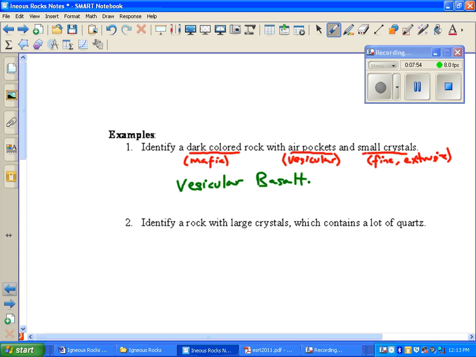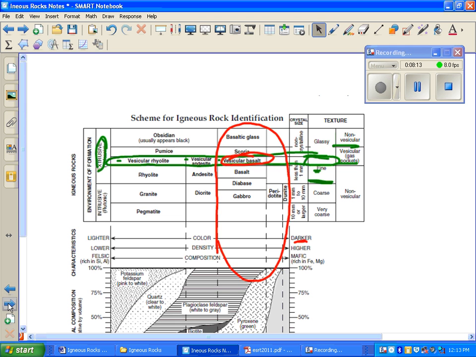Right. Our second one says identify a rock with large crystals and contains a lot of quartz. Those are our two things. Remember, large crystals, it's going to be intrusive. And we haven't really talked about what it contains yet, but it's still on that same reference table. So going back to the reference table, erase what we did before.